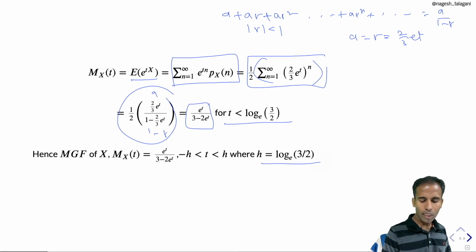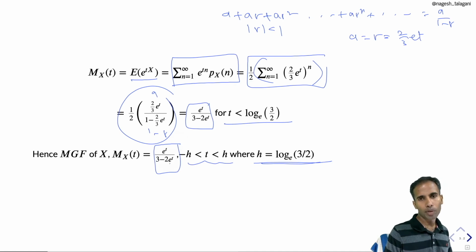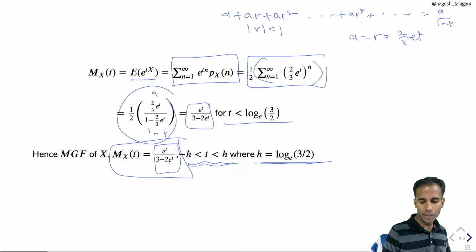So this MGF exists in the interval -h to h, where h equals log(3/2), and the MGF equals e^t/(3 - 2e^t). This is the MGF of the random variable, defined on the interval from -log(3/2) to log(3/2).